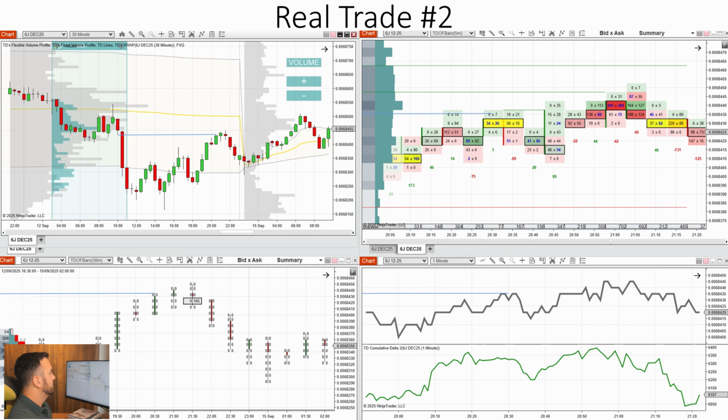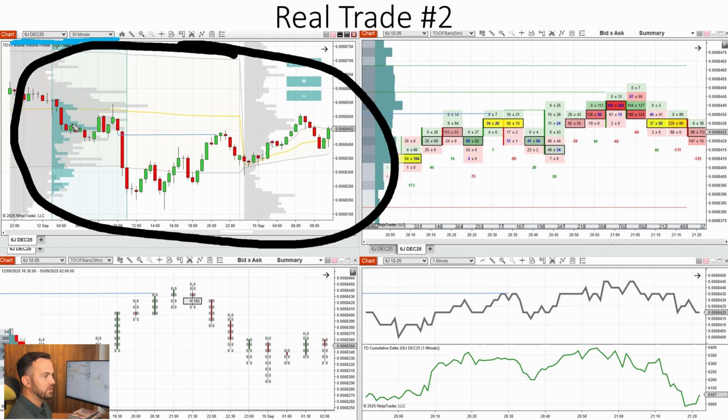Now, let me talk about another trade here, and this was a trade on the Japanese yen. So this is Japanese yen futures and 30-minute time frame. First, take a look at this chart, and on this chart you can see that there were heavy volumes formed in here in this little rotation, followed by this aggressive selling activity.